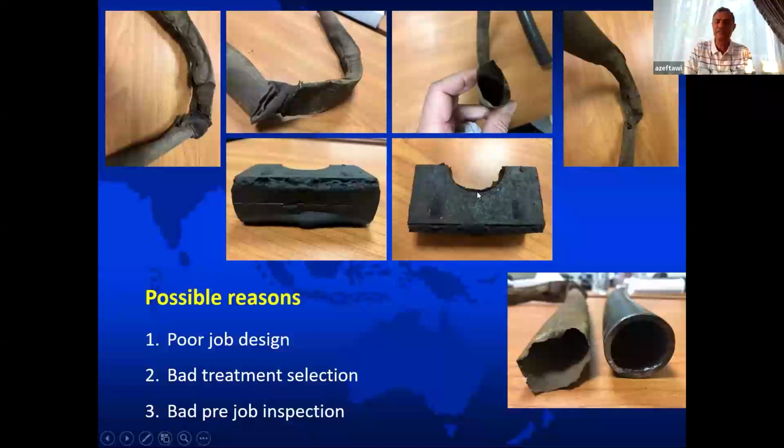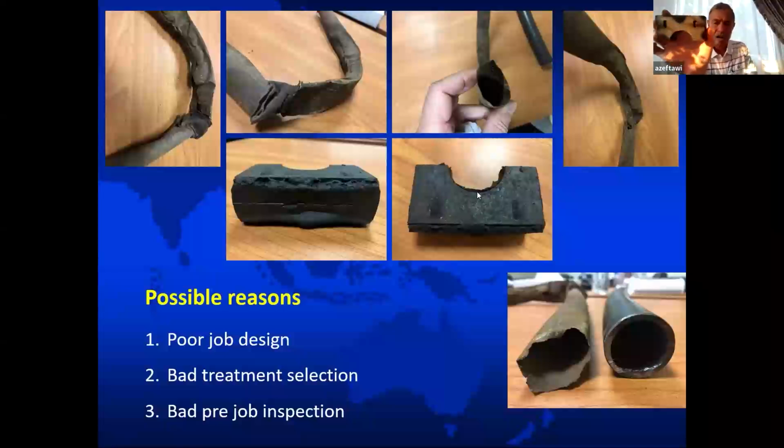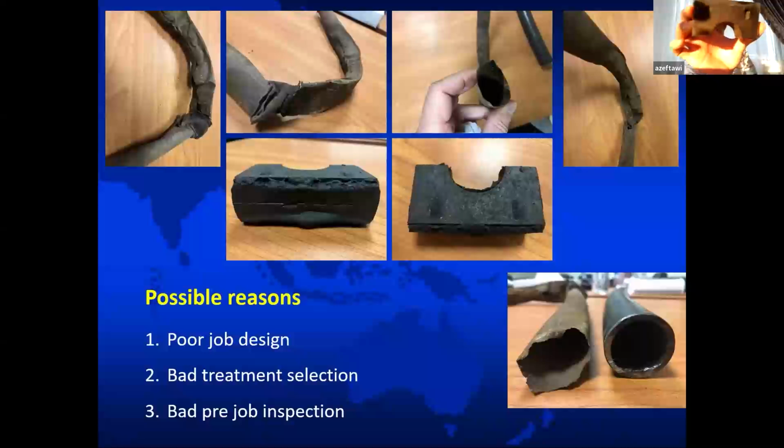You see this? This is a pipe ram, which is this one. This is the pipe ram. Look how it should look like. This is how the pipe ram should look like. But look at the picture. What damaged it? So the problem is not with the pipe.